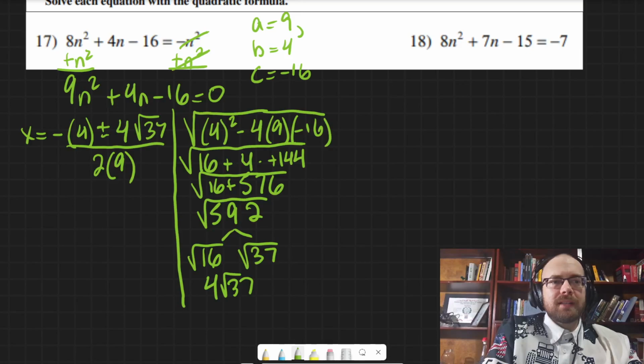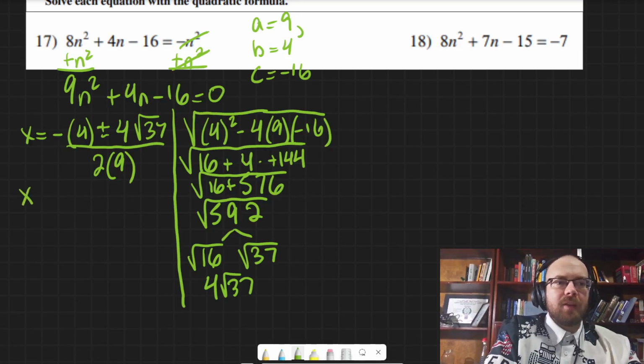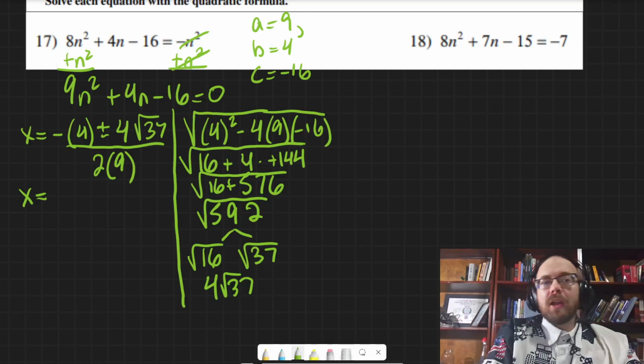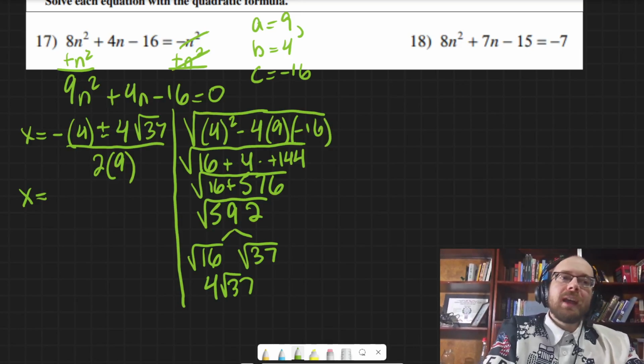So it looks like I'm going to get a factor of 2 to cancel out, but after that, that's pretty much it because there's not much else to do here. The square root of 37, can't do anything with that. I can factor out a 2.